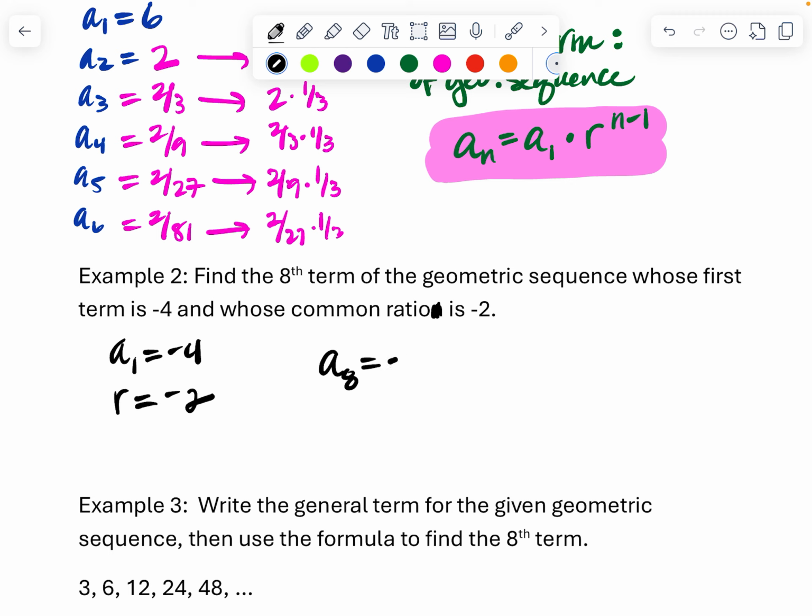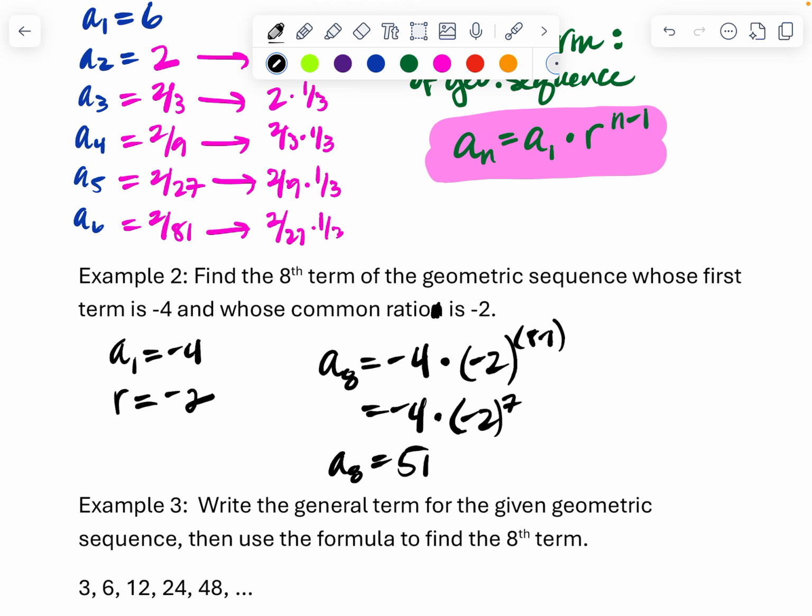We're going to take our first term, A sub 1, and multiply by -2 to the 8 minus 1, which means we're going to do -4 times -2 to the 7th, all right? Make sure you use your calculator to do that. But what we end up with is that our 8th term is 512.